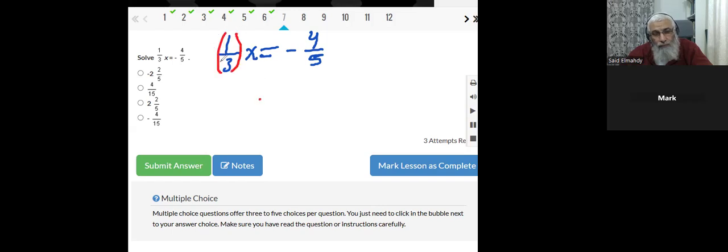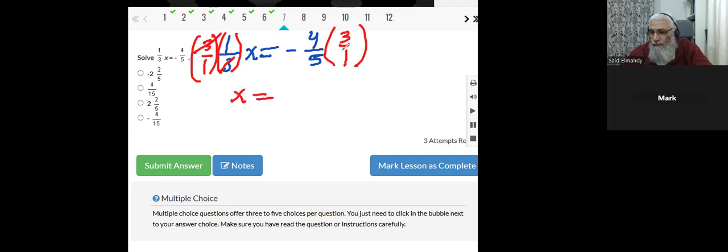Keep, change, flip. Multiply this number by its reciprocal. This 1 over 3 is multiplied by the reciprocal, 3 over 1, here and 3 over 1 here. So this will cancel with this, and it is only x equals.